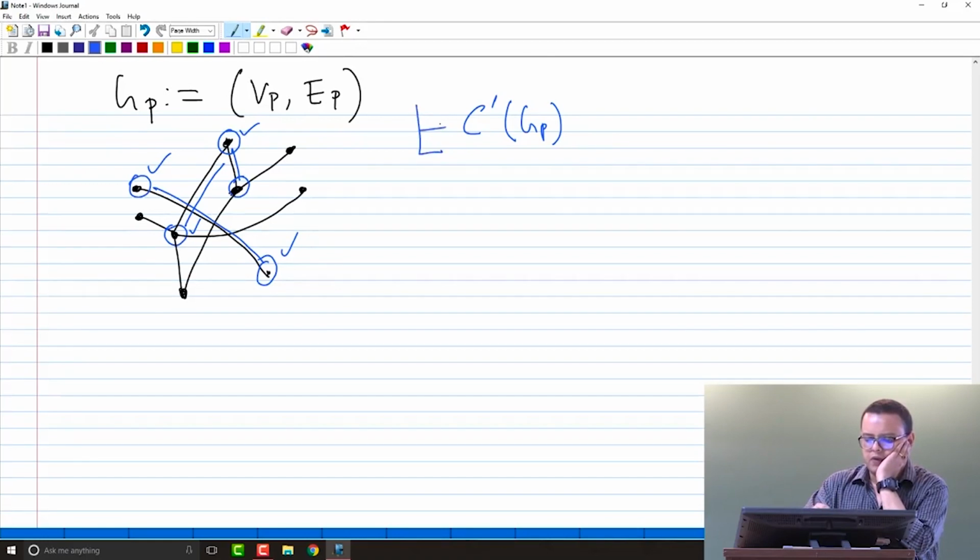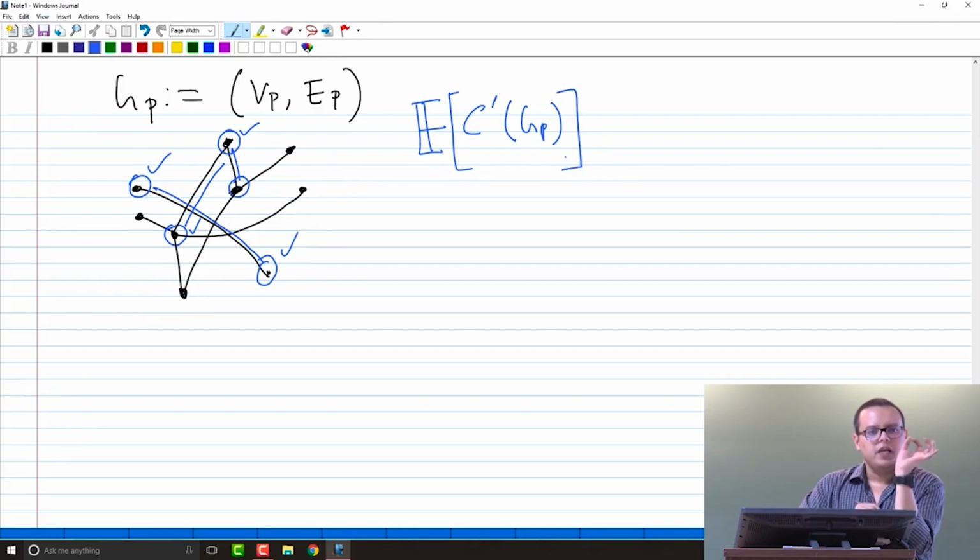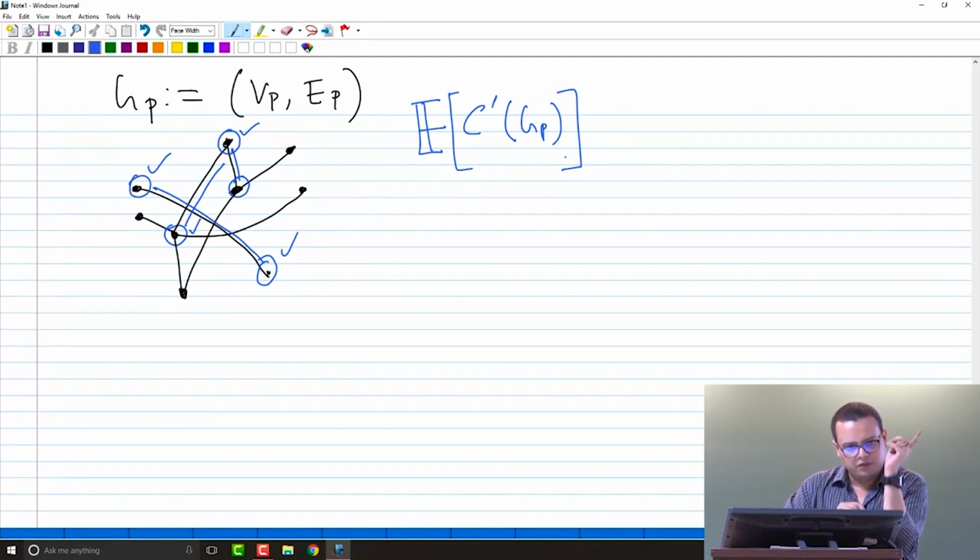So what is the expected value of this random variable? Each crossing of original graph G will be selected if all the 4 vertices that participate in the crossing are picked. That happens with probability p to the power 4. So how many crossings do you have in the original one? CR(G). So this will be equal to p to the power 4 times CR(G).